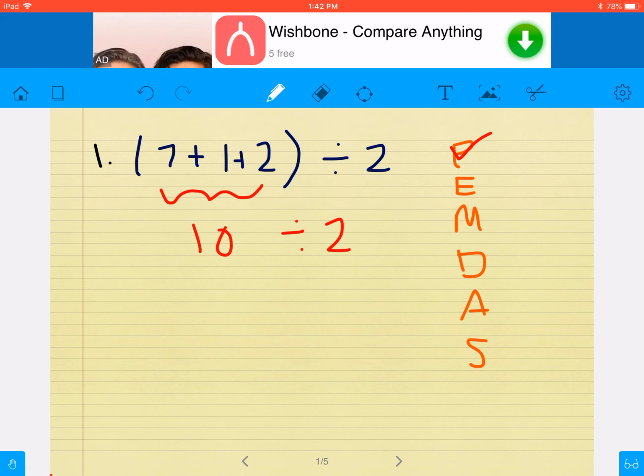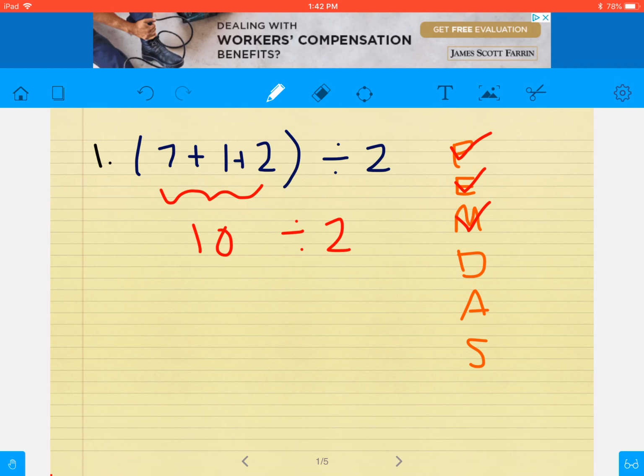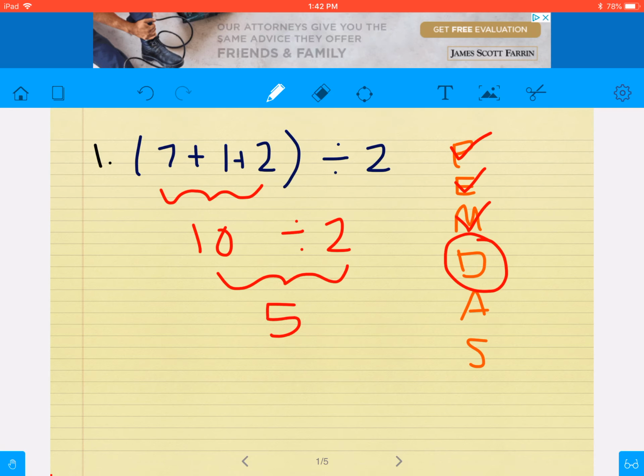It doesn't look like we do, so we can go ahead and check off exponents. And there's no multiplication, so let's check off multiplication. And now there's division. Our last operation is 10 divided by 2, which gives us 5, and that's your answer.